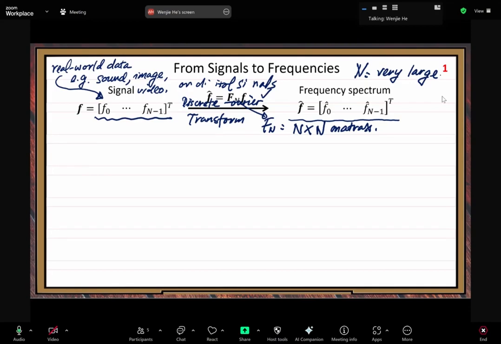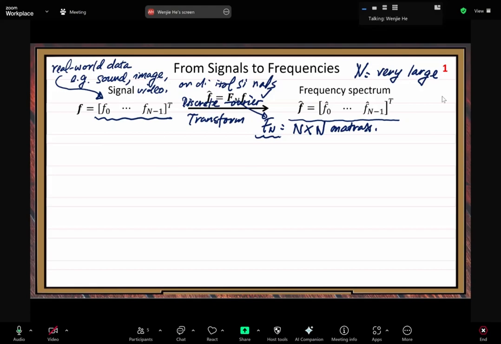There is a smart idea that takes advantage of the special structure of the Fourier matrix. That capital Fn we call the Fourier matrix, and it has some special structure. It's not a random matrix. If it were a random matrix, or if the structure had no good properties, then we would have to do the normal multiplications and could not take advantage of any special properties.